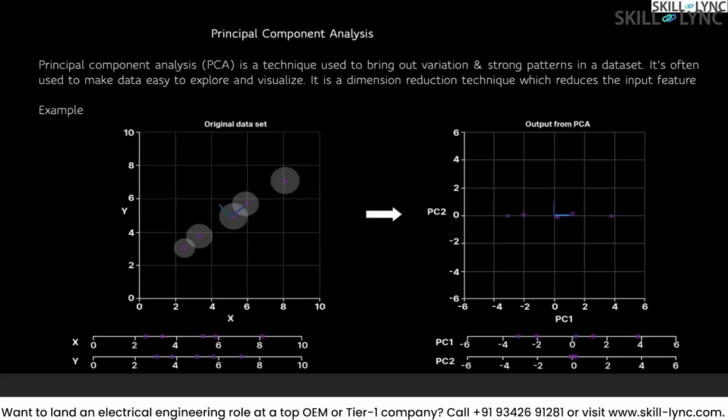This is just an example which I'm trying to show you in two dimensions. Of course, it will have some approximations, because now also if you see, these values are very near to 0, but there are some values which are at 0.1, 0.2, right? So maybe 0.2 or 0.5% of the variation of the information is being carried by PC2. Okay, so you are compromising with the accuracy, but then you are reducing the computational time.